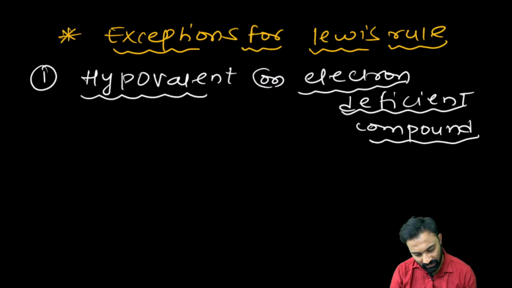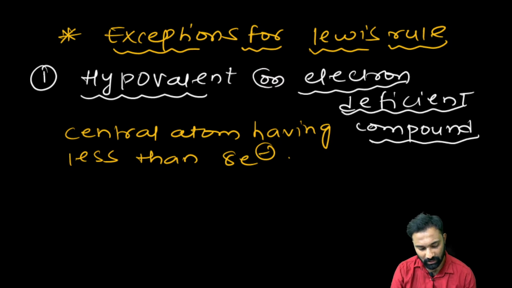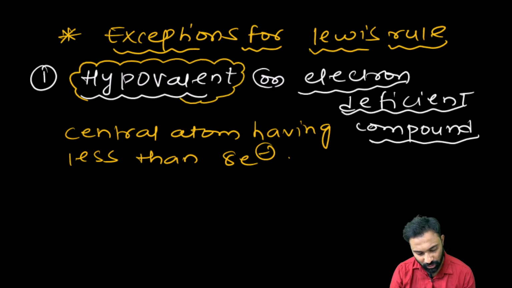Now, what does electron deficient mean? The central atom having less than 8 electrons is known as hypovalent or electron deficient. My dear friends, this word hypovalent will play a very crucial role. You have to be very careful with the word hypovalent.